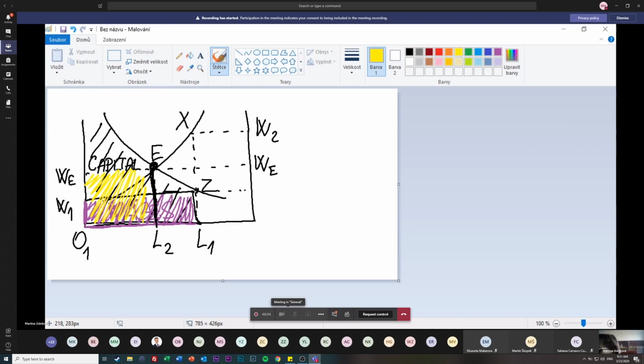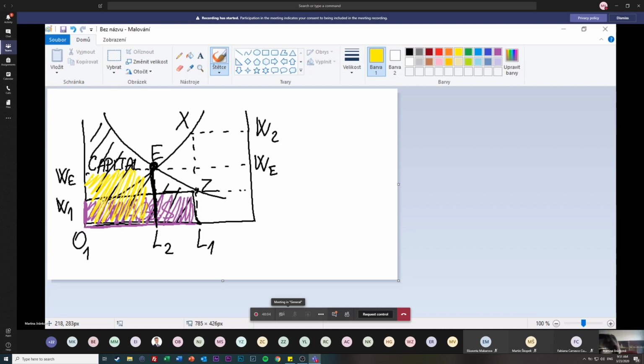So once more repetition. What happened in this third situation? What's the third impact? In the first country, for example, in the Czech Republic, as for the labor, you can see they used to have the purple rectangle. After the migration, they have the yellow one.